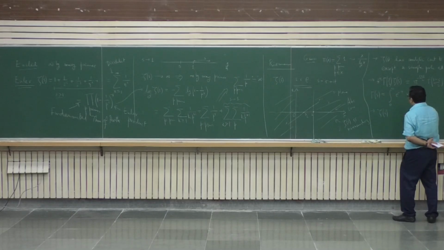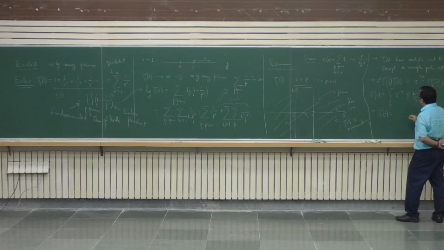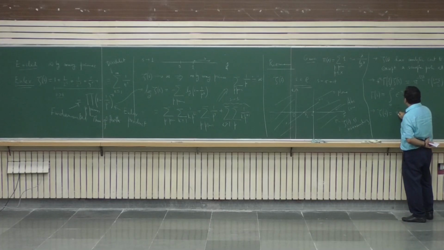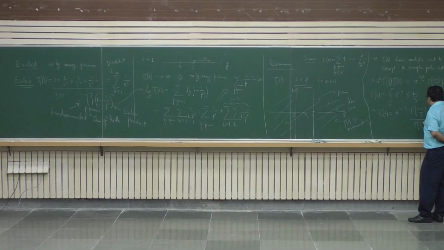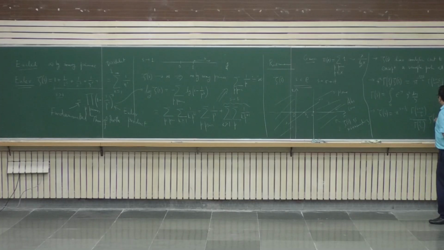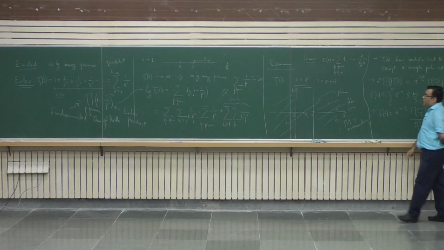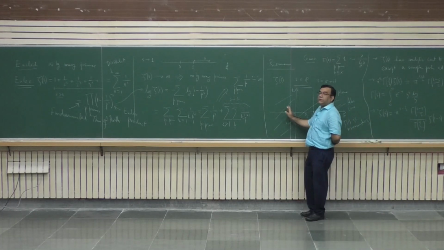So let's write this one. We can write that zeta of s equals pi to the s minus 1 half, gamma of (1 minus s) by 2 over gamma of s by 2, zeta of 1 minus s. Right? And suppose I want to see where it's vanishing.